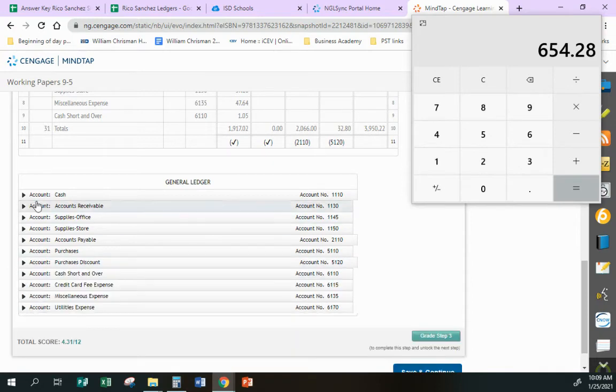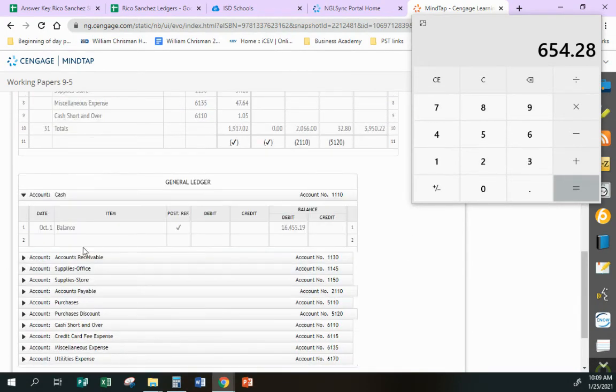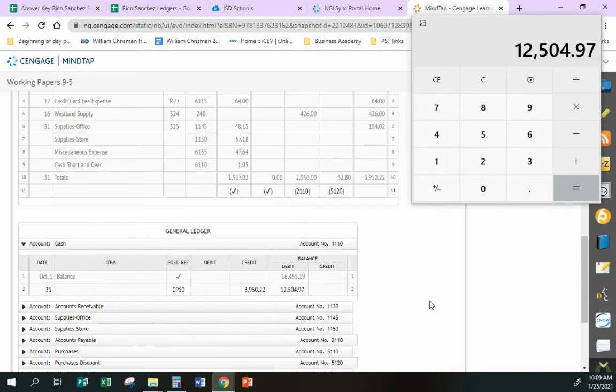And our last one is going to be cash. We have a cash credit amount of $39.50.22. We have a debit balance, credit transaction, so you subtract, but your balance still goes in the debit column because you still have more debit.